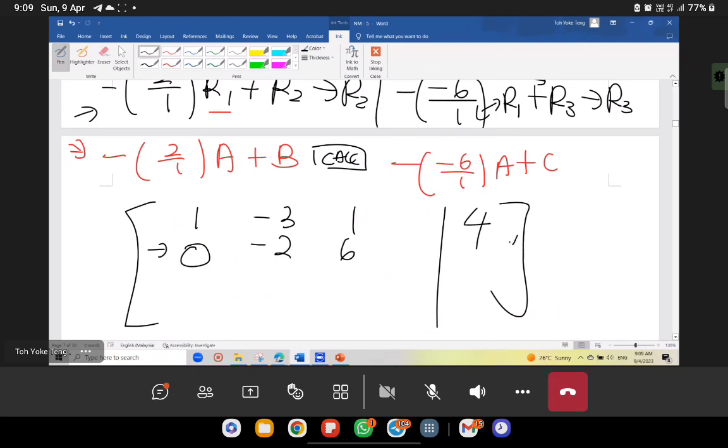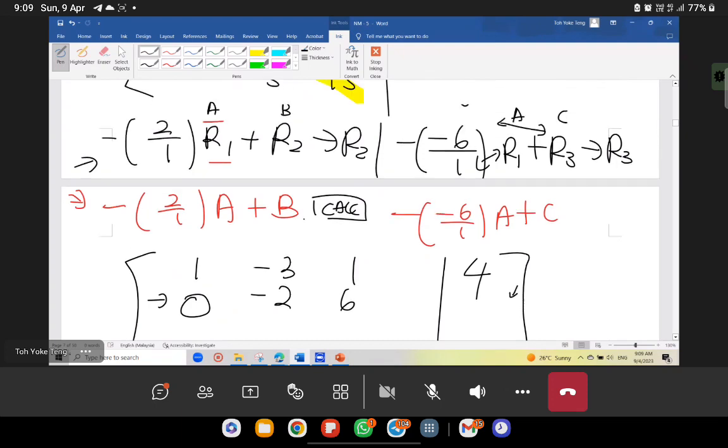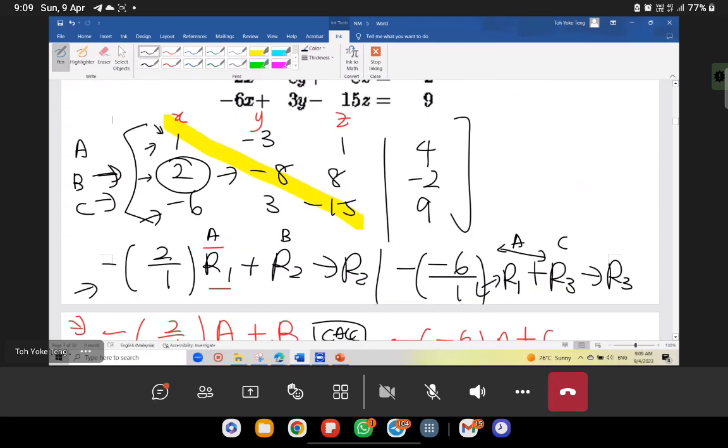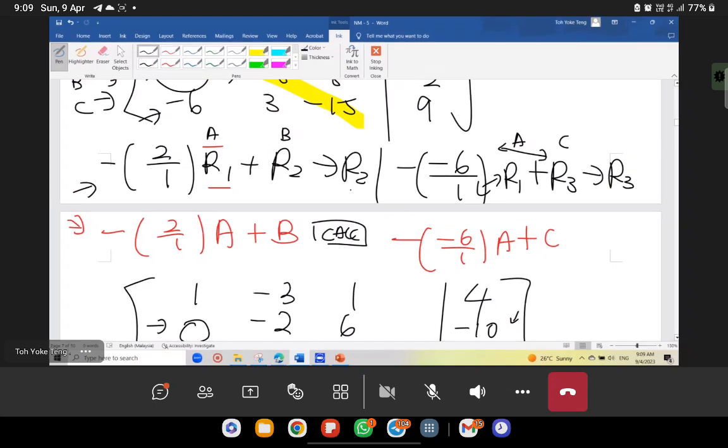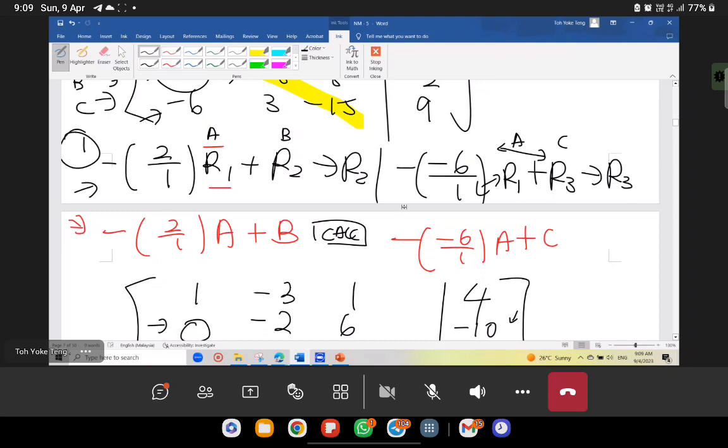Remember, the same goes for the right hand side. Now the value of A is 4, the value of B is negative 2, so you get E as negative 10. So this is all for the first formula.